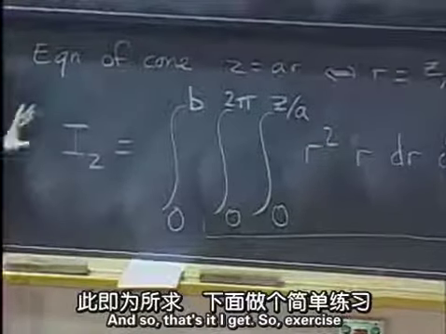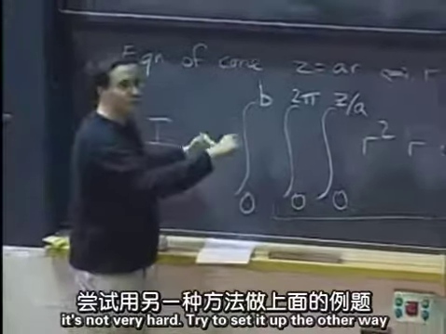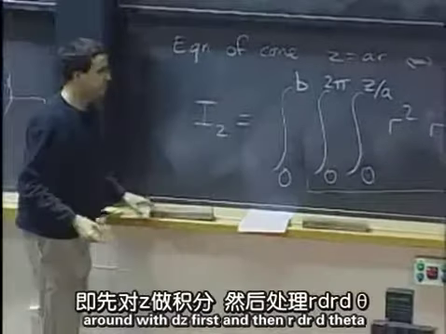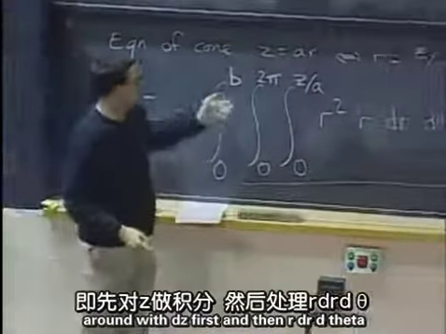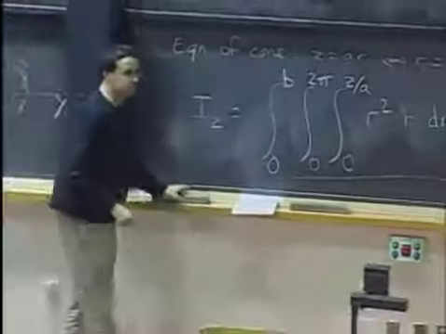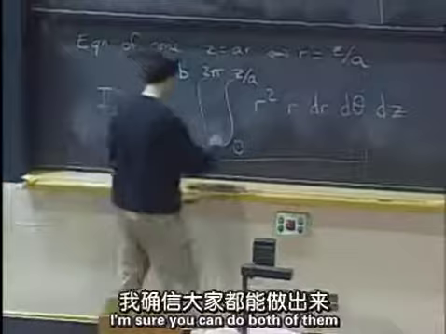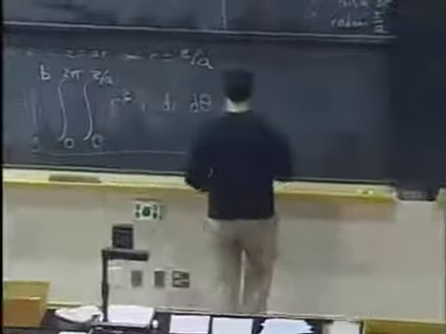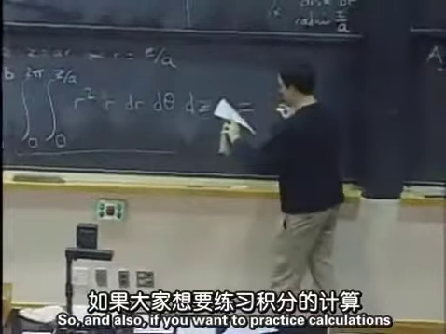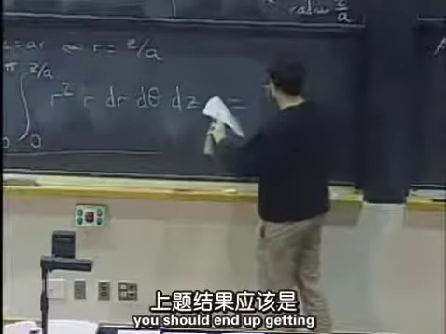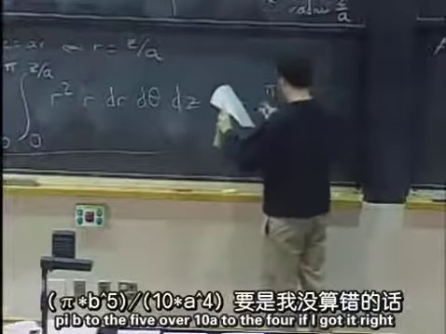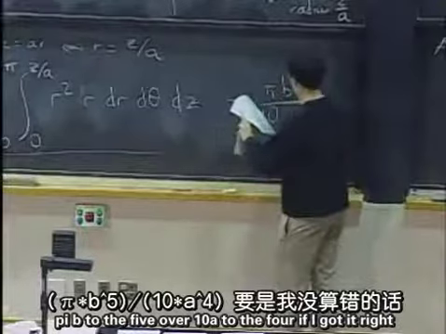So, exercise, it's not very hard: try to set it up the other way around, with dz first and then r dr d theta. It's pretty much the same level of difficulty. I'm sure you can do both of them. And if you want to practice calculations, you should end up getting pi b to the 5 over 10 a to the 4, if I got it right.